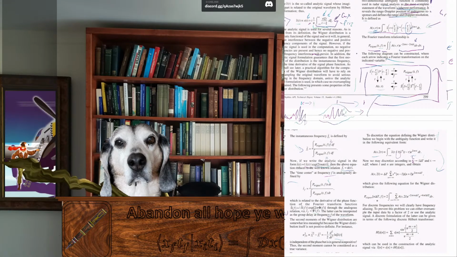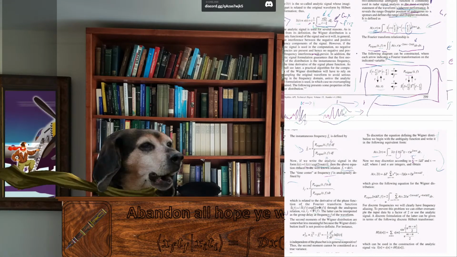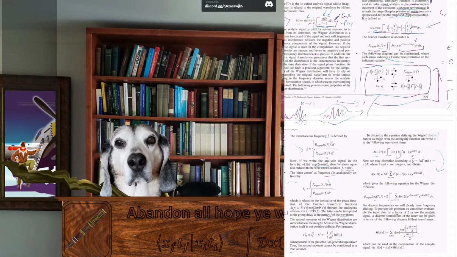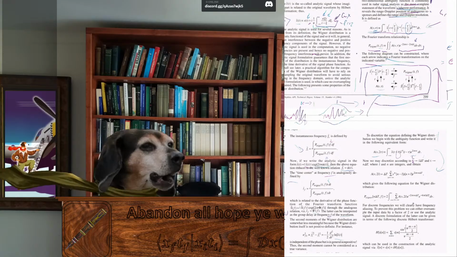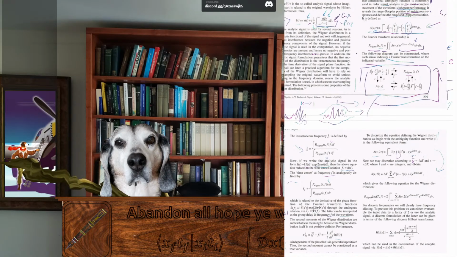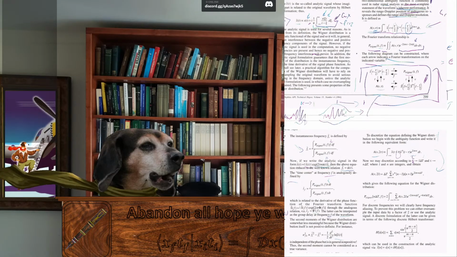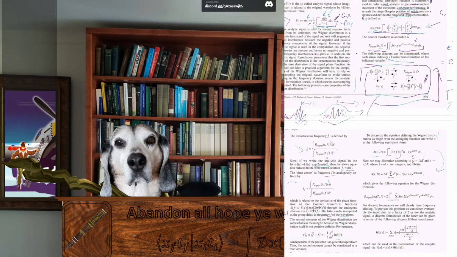The Wigner of N delta t, f is 2 times the sum. The Wigner function is just the Fourier transform of the ambiguity function, which we've just discretized. So we do that and we get the Wigner function here. For discrete frequencies, we will clearly have frequency aliasing.